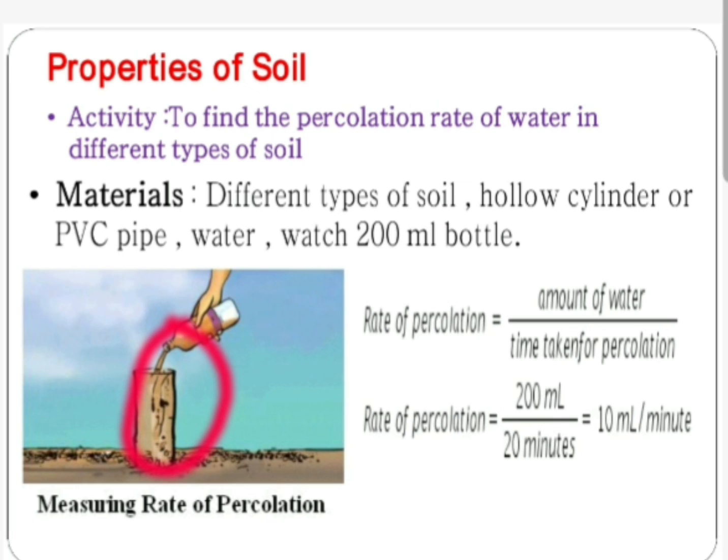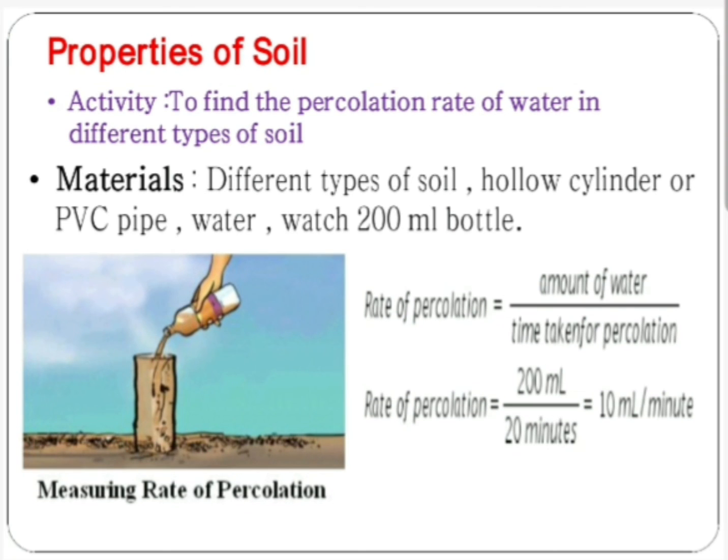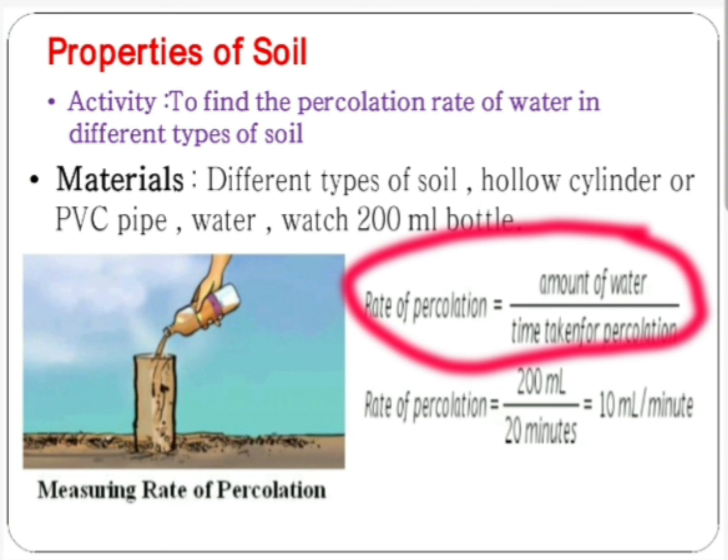From this find the percolation time. Calculations: the rate of percolation is found by using the following formula. The rate of percolation is equal to the amount of water divided by the time taken for percolation.